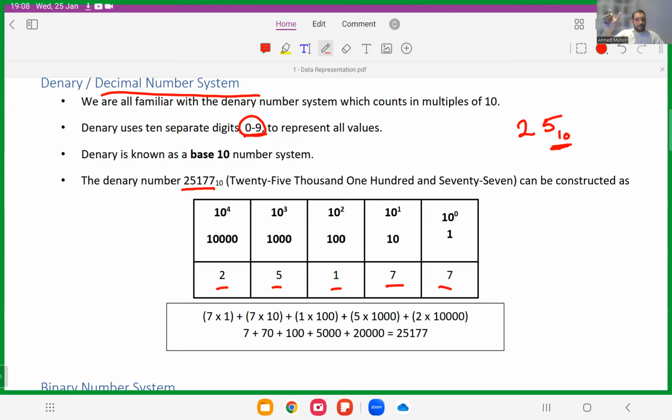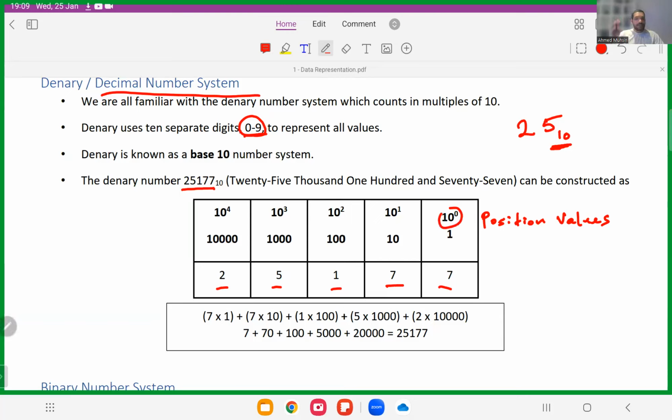We give each digit something known as position values. Let me write that word over here because I'll be regularly using it. The position value at the rightmost end is 10 to the power of 0.